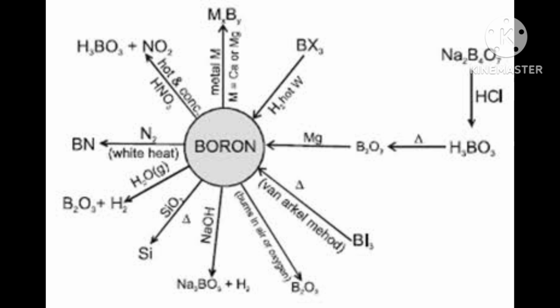Indium, its melting point is 430, and thallium 576. Okay, here gallium you have to keep in mind, it has a very low melting point, only 30 degrees, means 303 Kelvin.